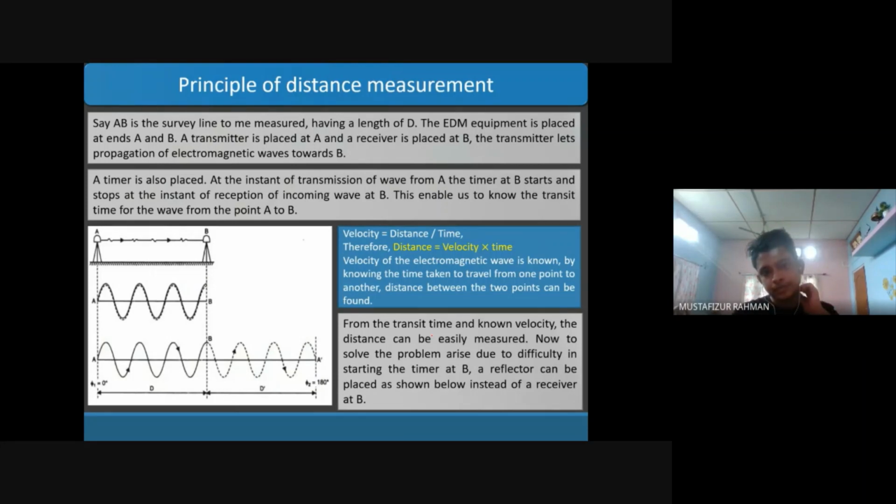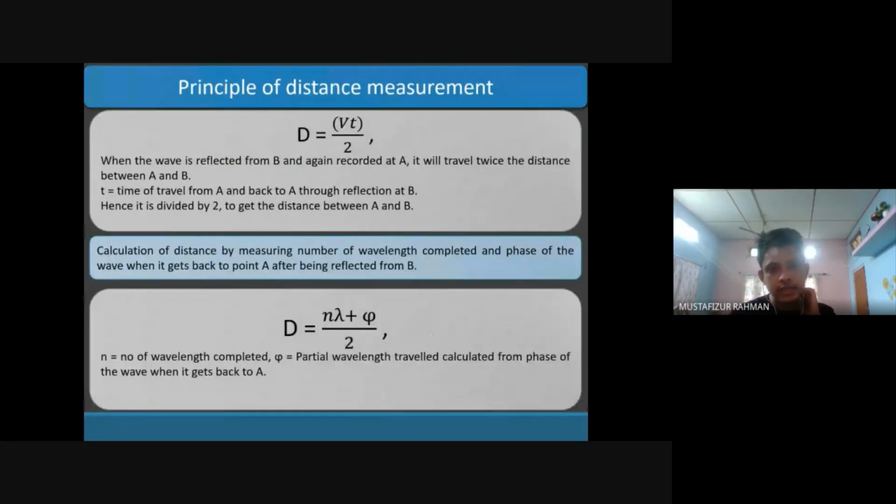Then the first one we have already discussed. Now this one, what will happen here? This was the first principle where we are calculating time. So distance is going to be v times t divided by 2, or the total distance is going to be 2d, because the distance is being measured twice. It is sent to the reflector and reflected back to the original instrument, and only then are we calculating the distance.